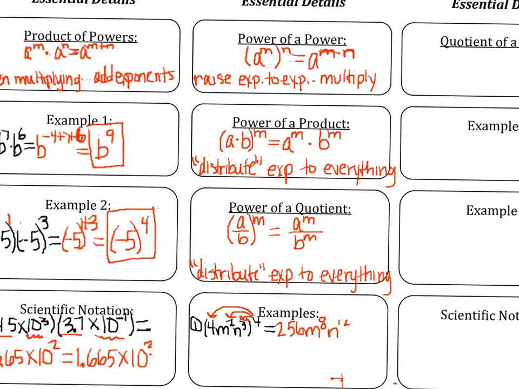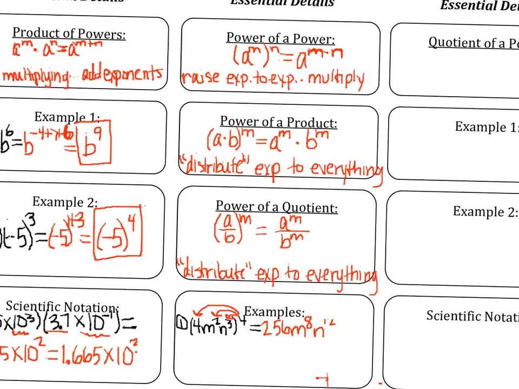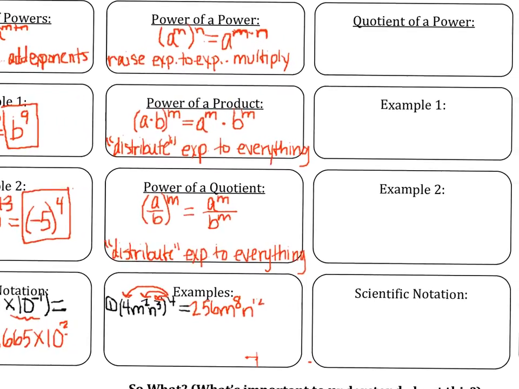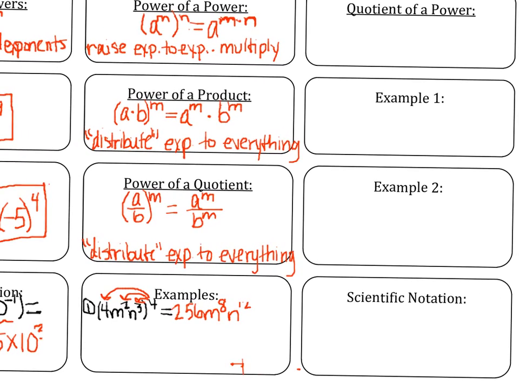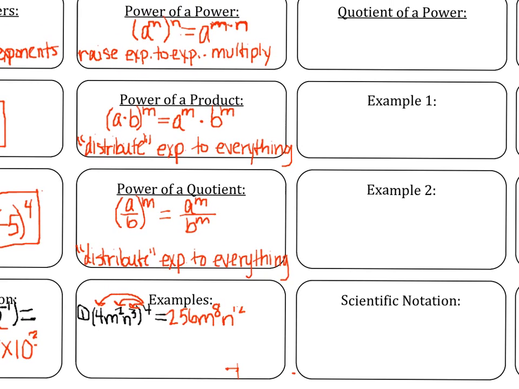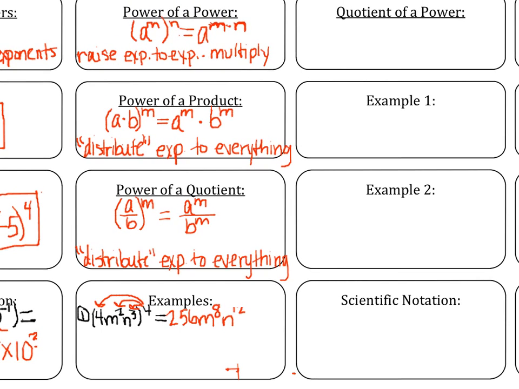Now before I do the second example, I'm going to move my screen over just a little bit because I want to talk about the quotient of a power property. This one tells us if you have two powers, a to the m over a to the n, the key here is that they have the exact same bases.